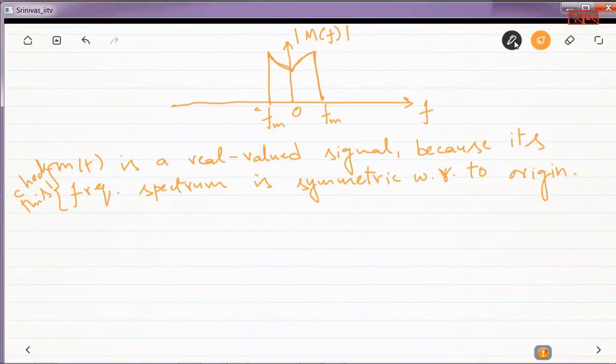You have to verify this by going back to your Fourier transform material.